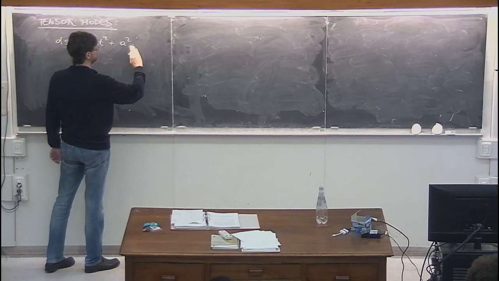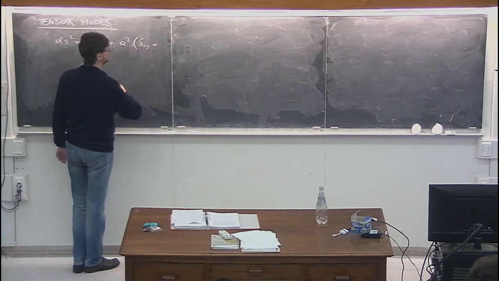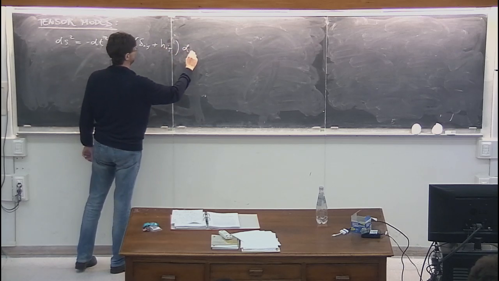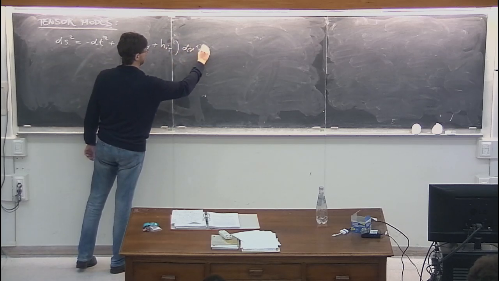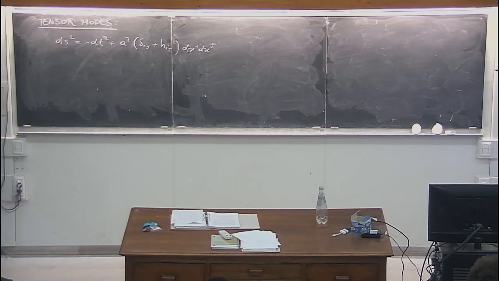So I perturb my metric in the following way. And I introduce these degrees of freedom that are traceless and transverse. Okay?